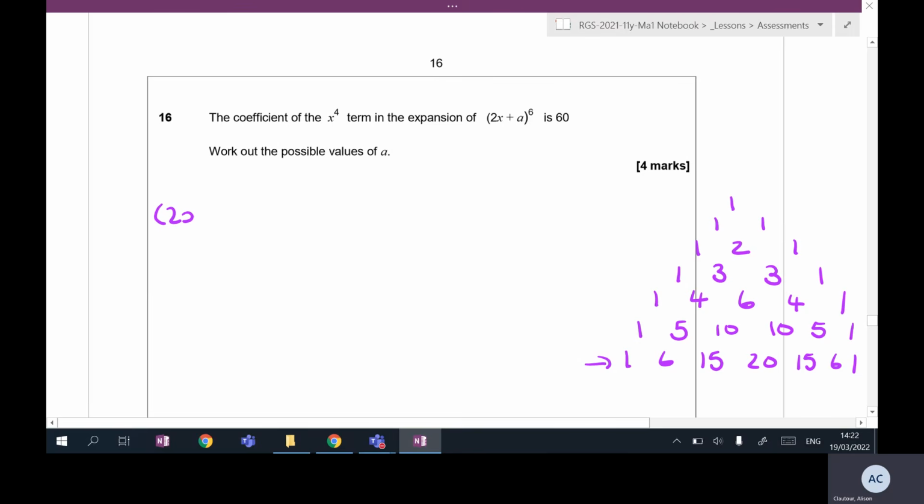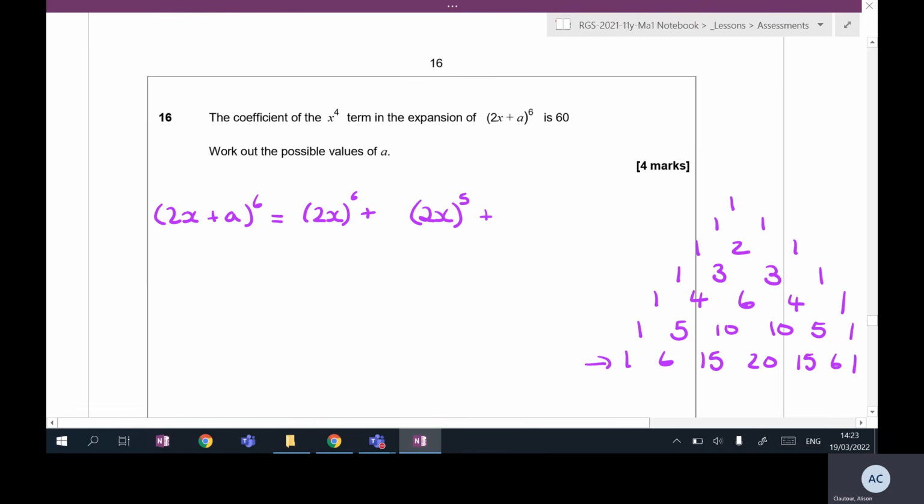So if I expand 2x plus a to the power of 6, I'm looking for the term that gives me x to the power 4. So I'm starting off with 2x to the power of 6, and then my powers are going to reduce each time by 1. So my next term will have 2x to the power of 5, and so on.